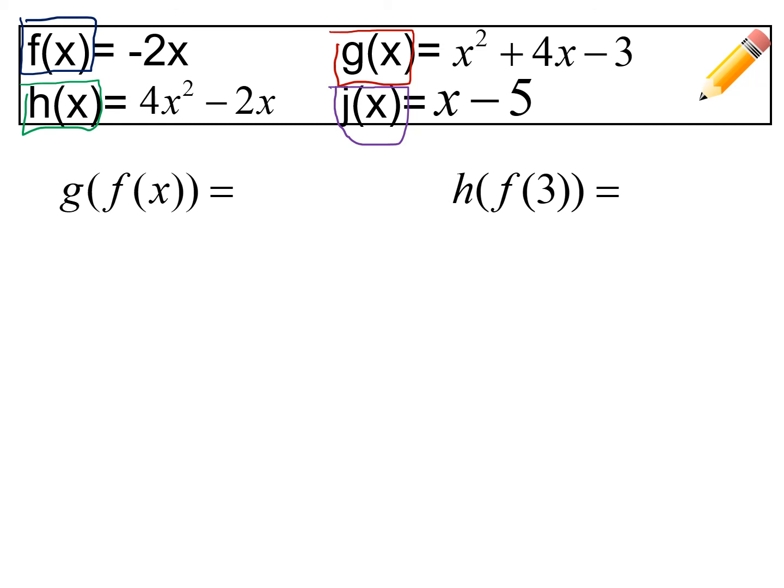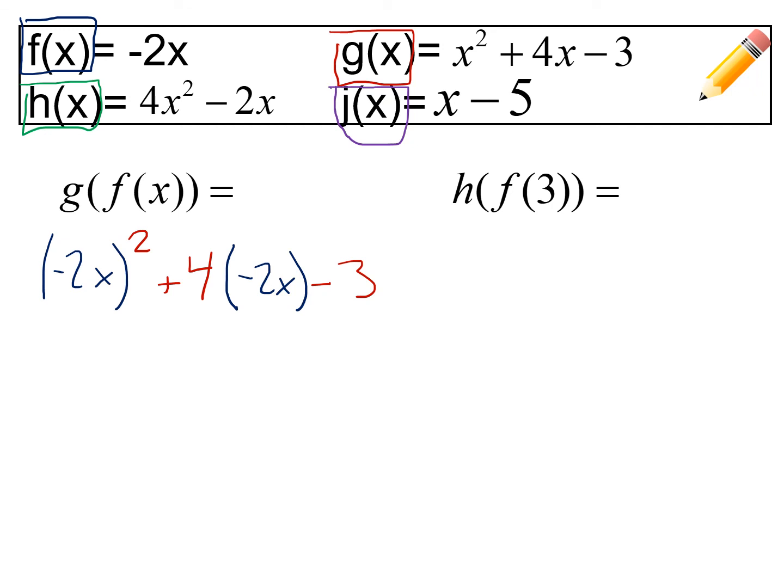So when I use f of x as my input into g of x, the first term becomes negative 2x, and g of x tells me to square it, plus 4 times x. However, x will now be negative 2x, minus 3. So I've still got the general outline of g of x. I just put f of x into that function.